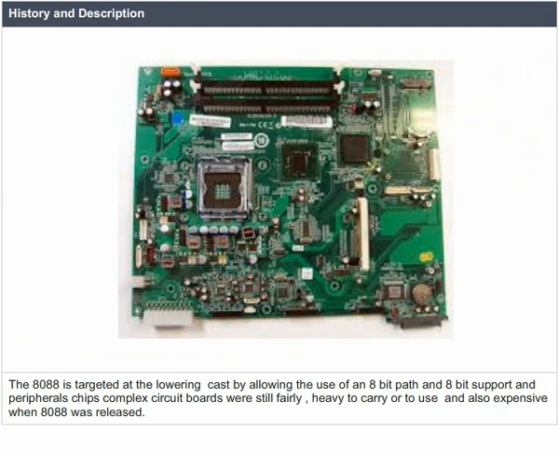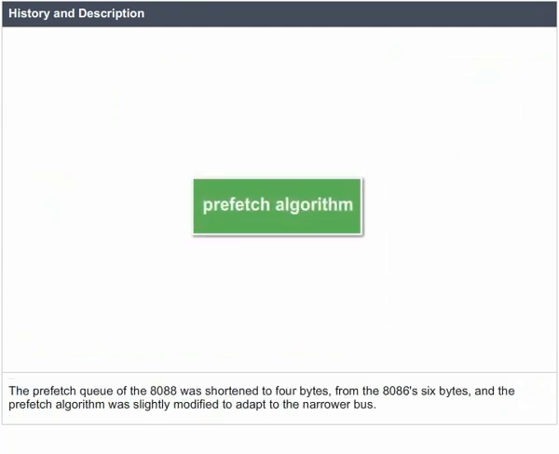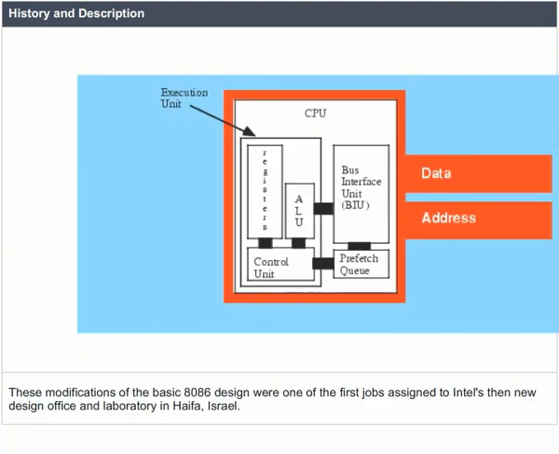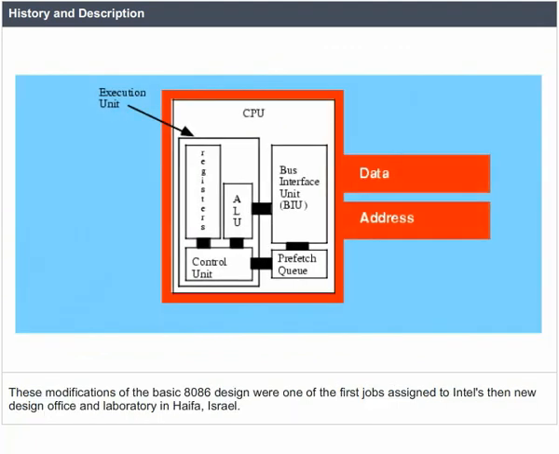The prefetch queue of the 8088 was shortened to 4 bytes from the 8086's 6 bytes, and the prefetch algorithm was slightly modified to adapt to the narrower bus. These modifications of the basic 8086 design were one of the first jobs assigned to Intel's then new design office and laboratory in Haifa, Israel.